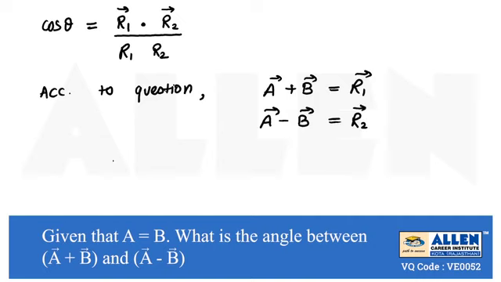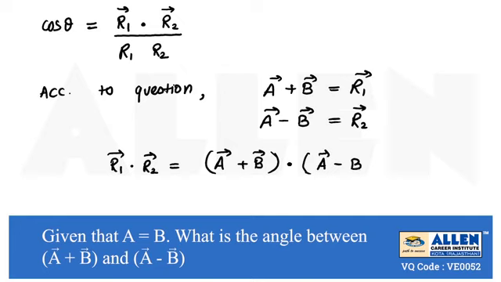So we will find R1 dot R2, which means A vector plus B vector should be multiplied with A vector minus B vector, and the multiplication should be a dot product. On calculating this we will get A dot A.